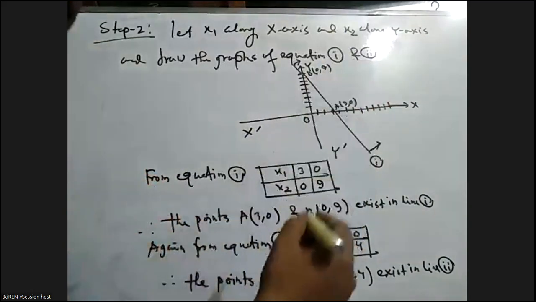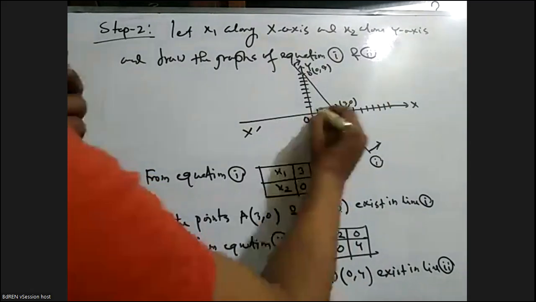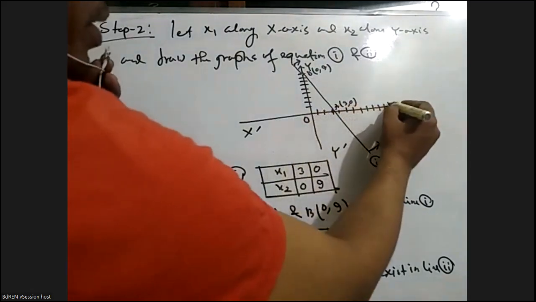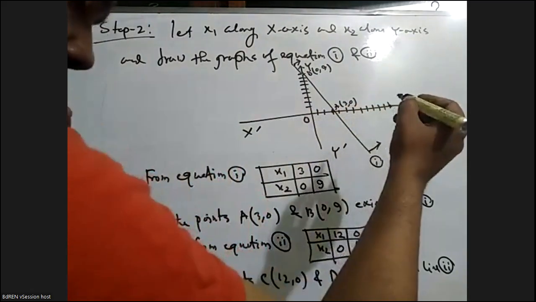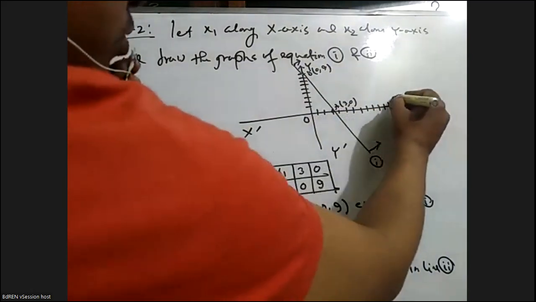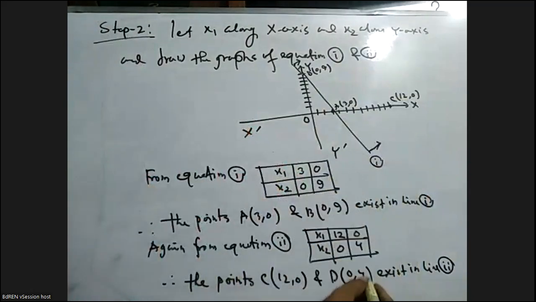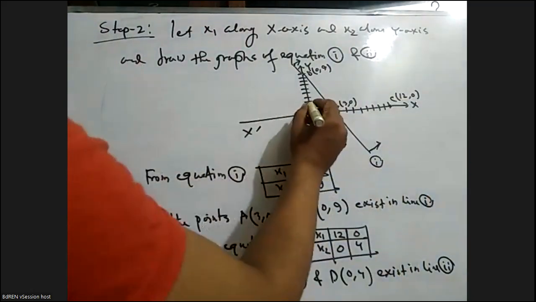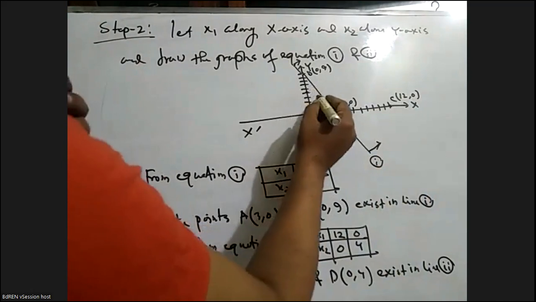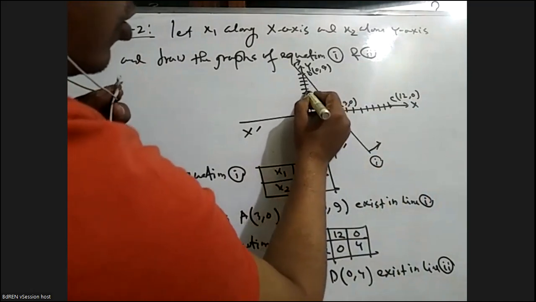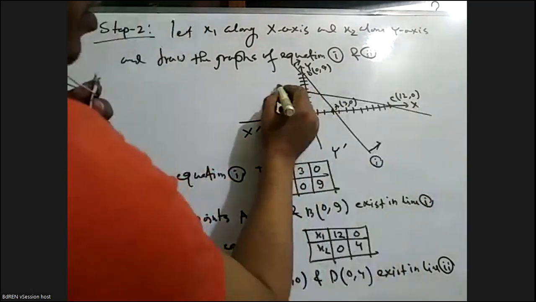Okay. Now what will the C point be? (12, 0). This is the 12. Okay, C point, so C is (12, 0). And D point will be (0, 4). 1, 2, 3, 4. This is the D point. Okay. Now just join these 2 points. Okay.